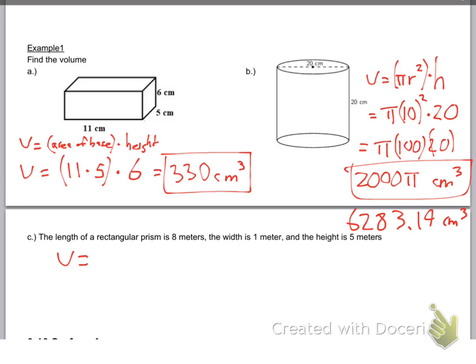Because volume equals length times width times height. So V equals 8 times 1 times 5. And that's basically just 8 times 5. And 8 times 5 is 40 meters cubed. Done.